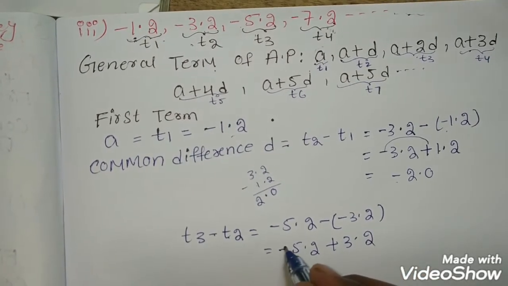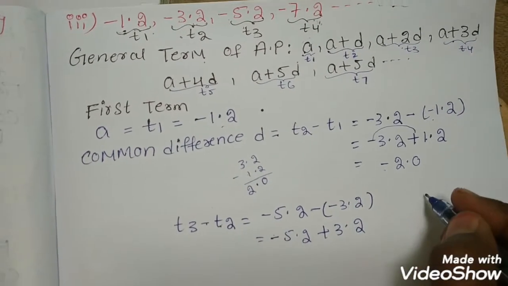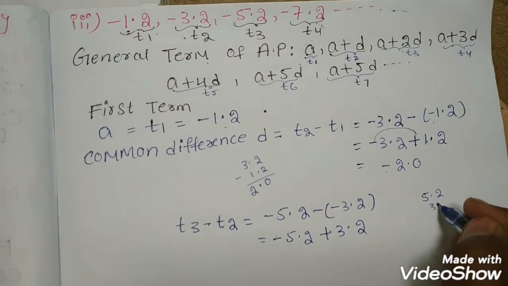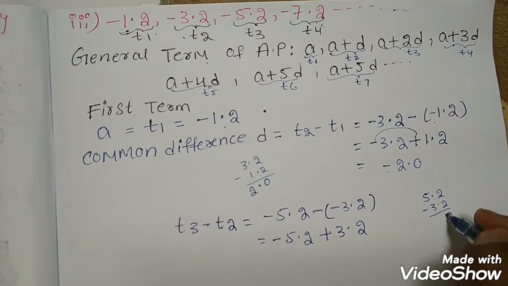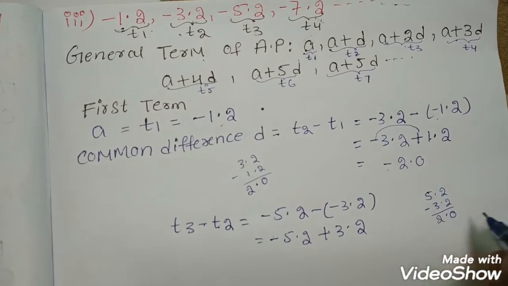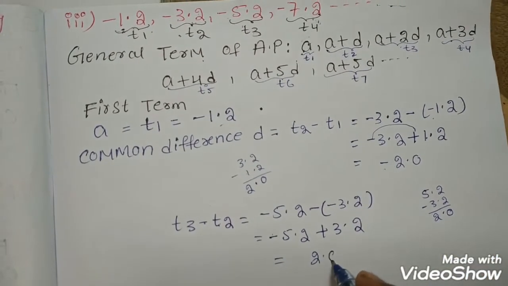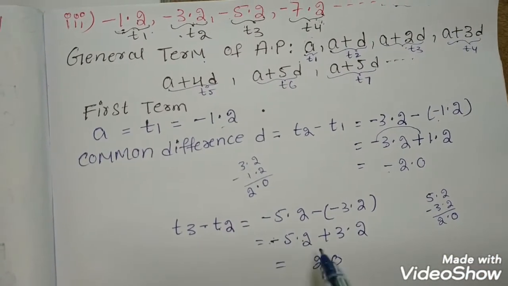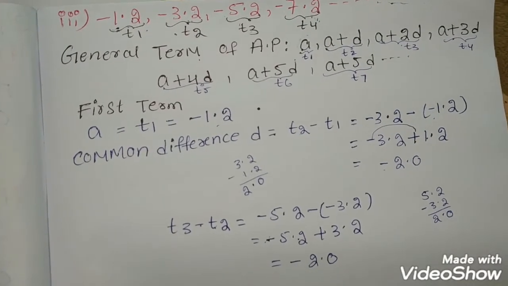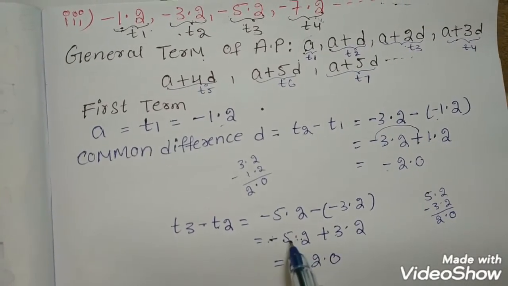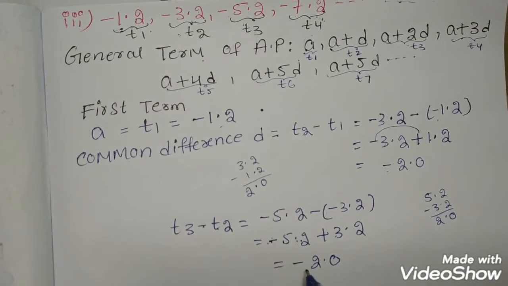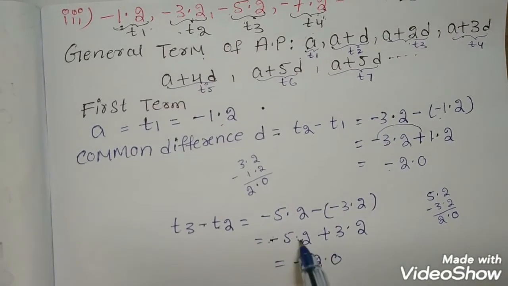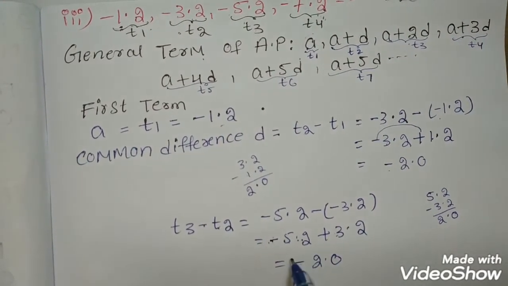That means 5/2 minus 3/2 you have to do. 5 minus 3 we get 2. In front of 5/2 we have minus, so we have to keep minus.